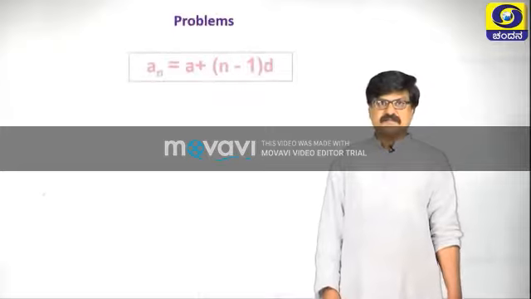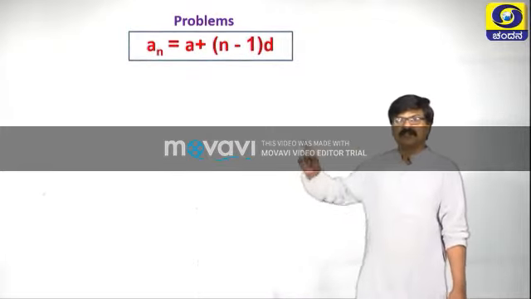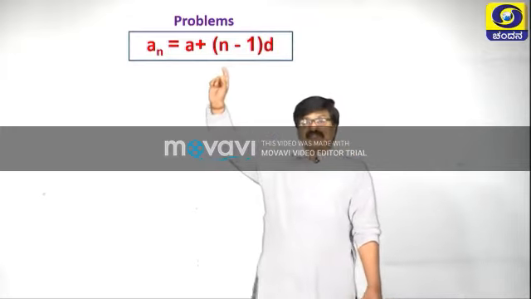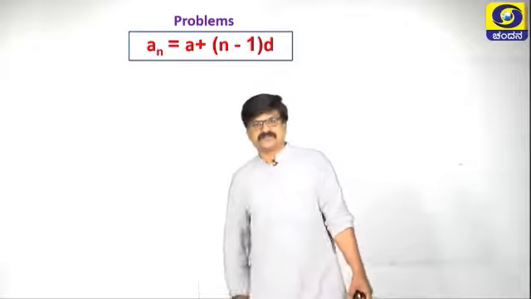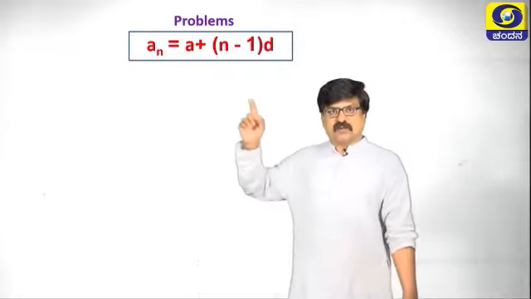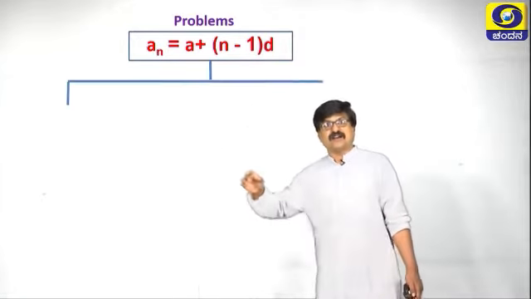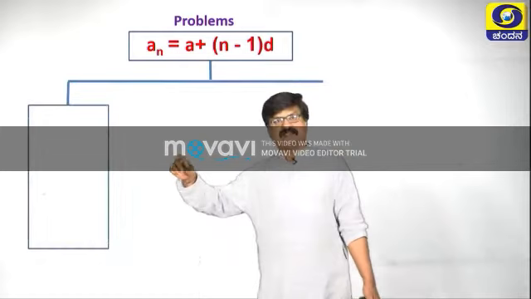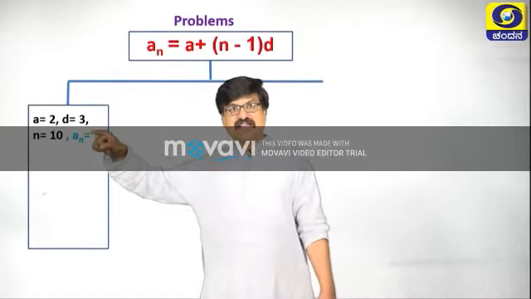The next one, see, this is very interesting and very important. I am going to take problems based on an is equal to a plus n minus 1 into d. If you want to solve problems based on this, in the first case, see here, a is 2, d is 3, n is 10.